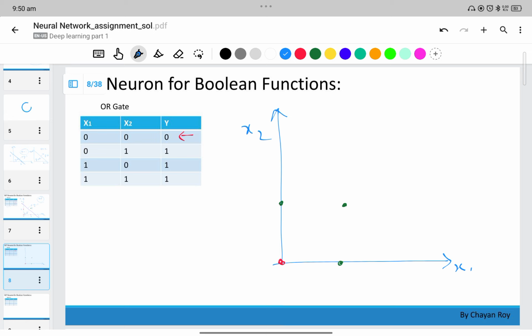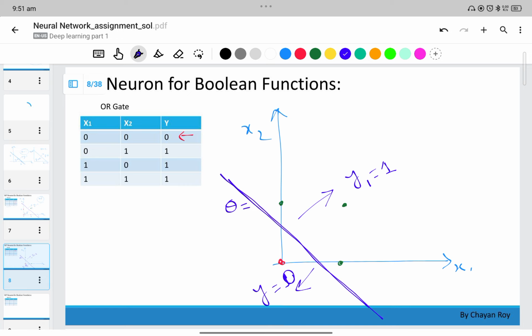So if we want to separate this using MP neuron, we can draw a decision boundary here. Whatever is up here will be given as y equals to 1, and whatever is down here will be given as y equals to 0. So we have to choose theta such that the decision boundary lies in the middle of these two types of output.